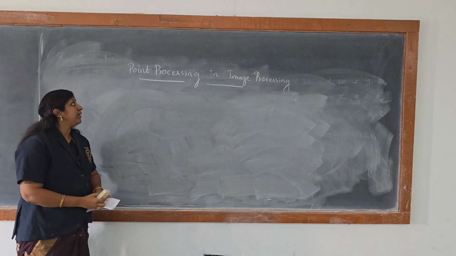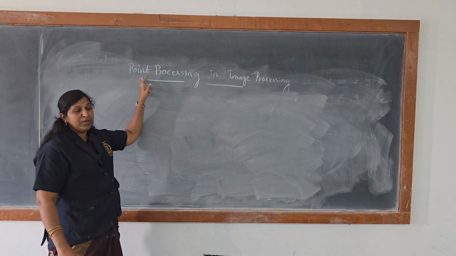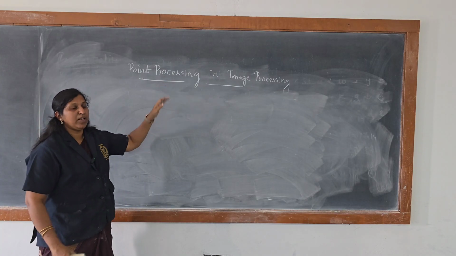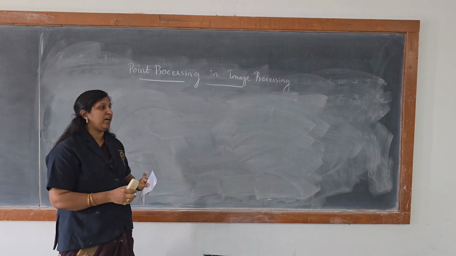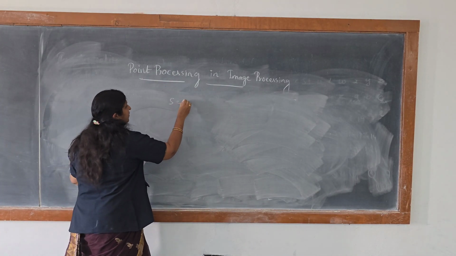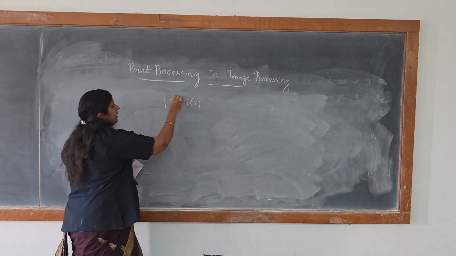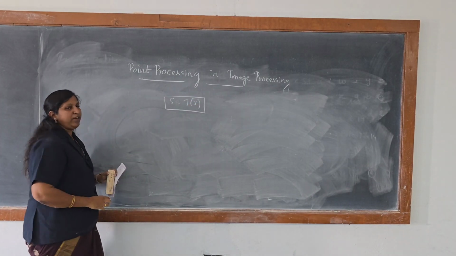So we can review point processing. Under point processing, we have seen the relation S is equal to T of R. Based on this relation, we have seen 4 different methods.